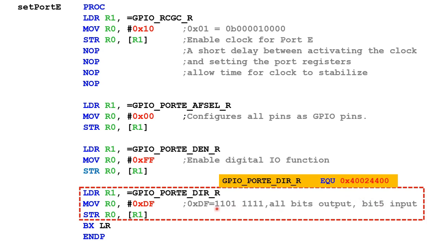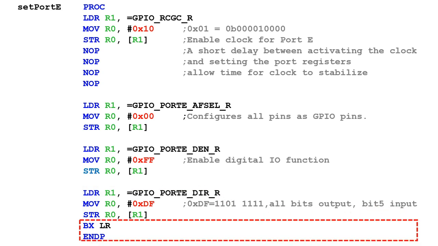So if it's 1, it is output. 0, which is the only bit here, that's bit 5, is to configure it as input mode. Finally, we have this BX LR, that is to return to the main program, the calling program. As mentioned earlier, ENDP here means end of procedure.